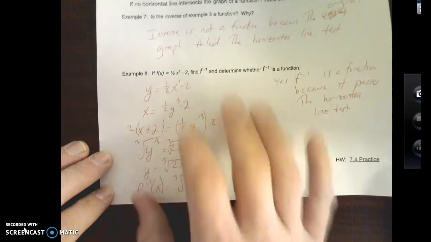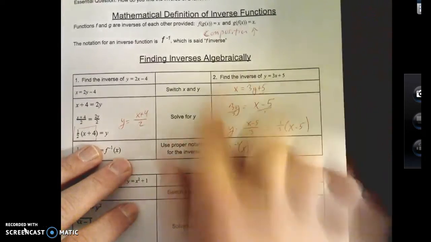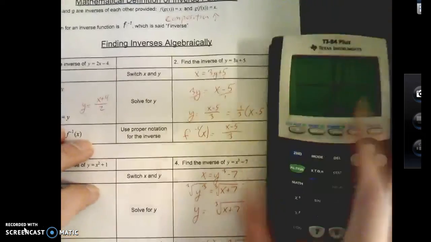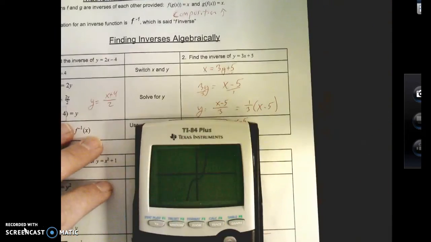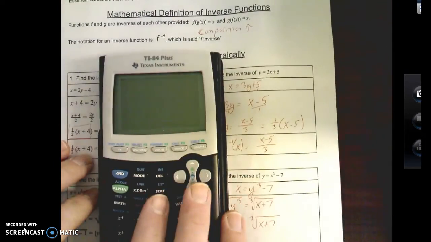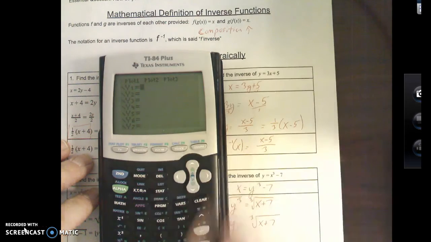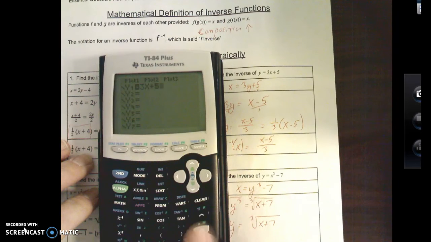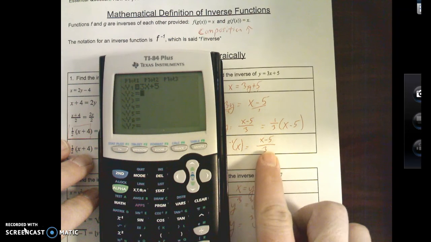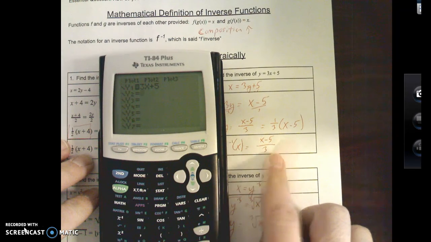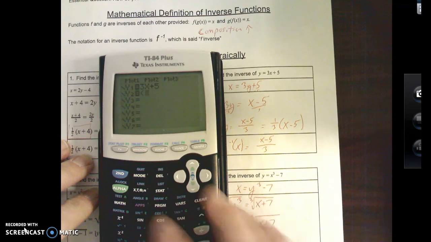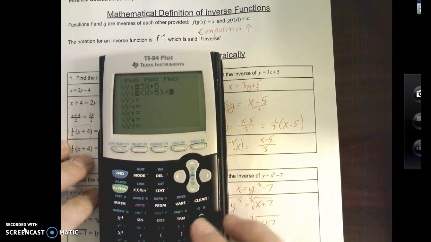Just one last little thing, just because I thought it was kind of interesting. If you take a look at any of these graphs, I'm going to come over here real quick to the original one. If you hit y equals and you type in the original graph, 3x plus 5, and then down here, this is my inverse function that we found for the first example, x minus 5 divided by 3.